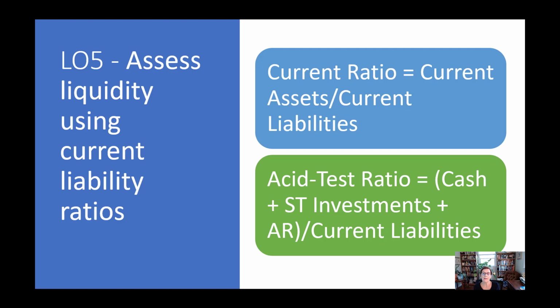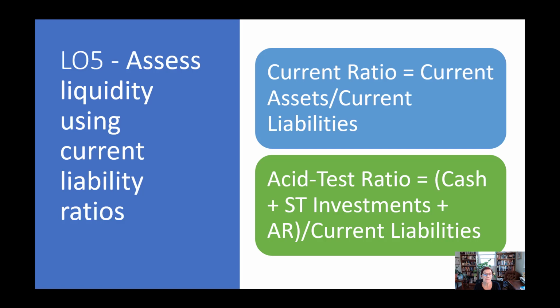Okay? And now the one thing I want to remind you about with current ratio and acid test ratio, current ratio even more: I know students like to have simple answers. So generally speaking, the higher these ratios are, the better. But you have to be careful with this because you always want to look at the numbers behind the ratios.